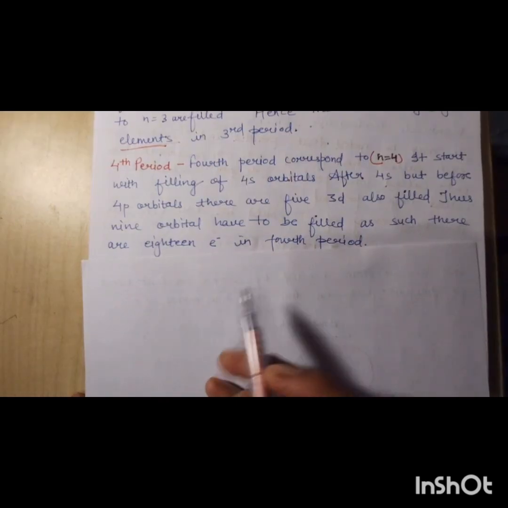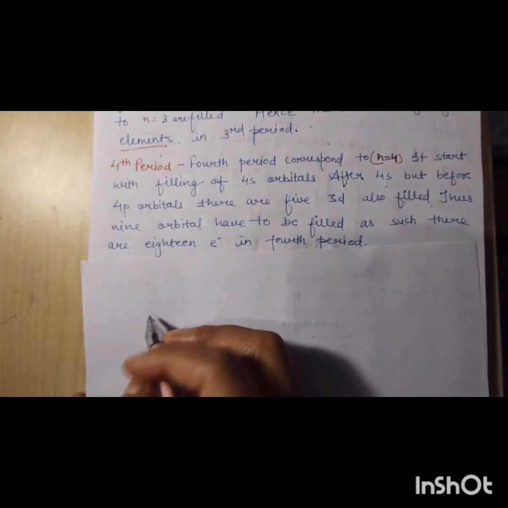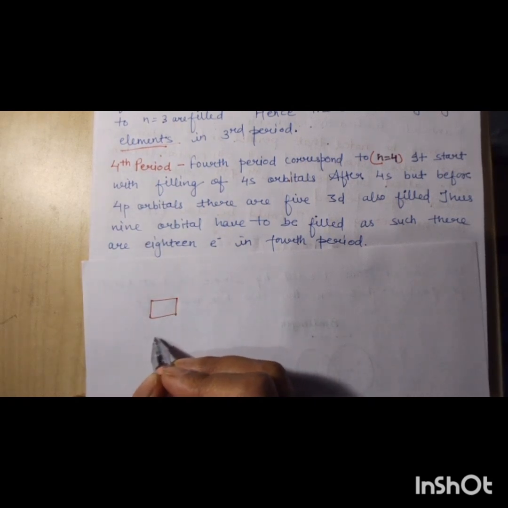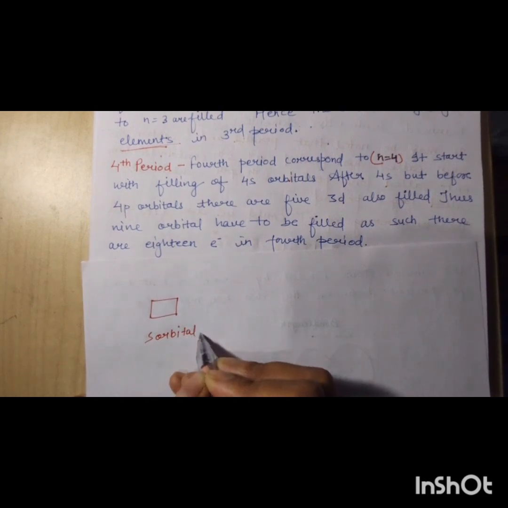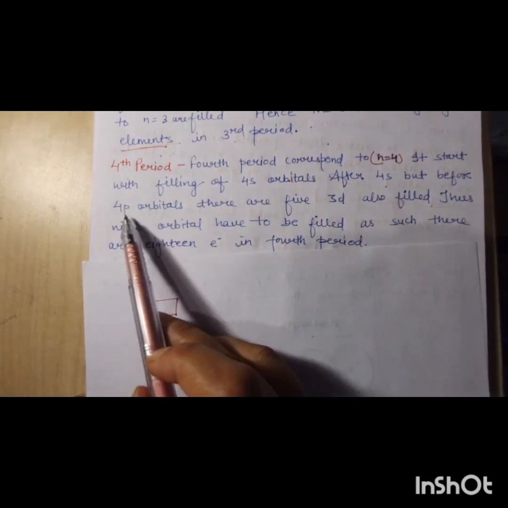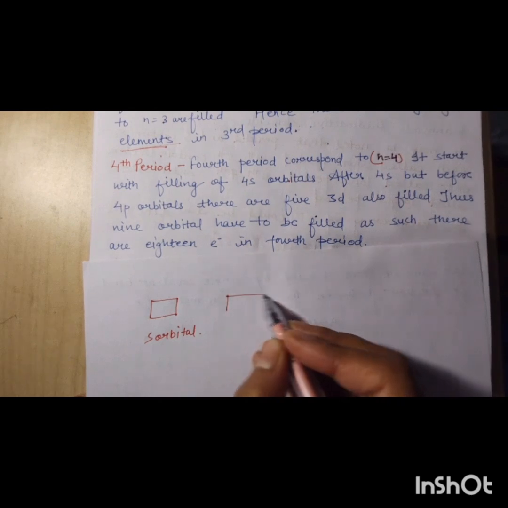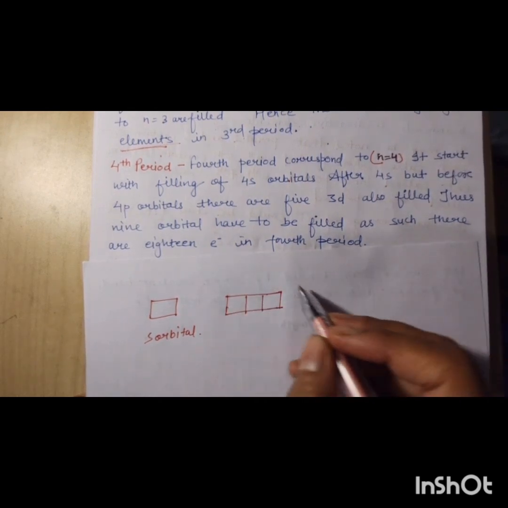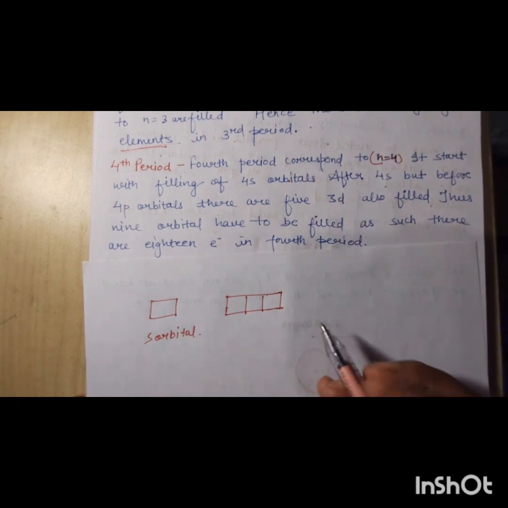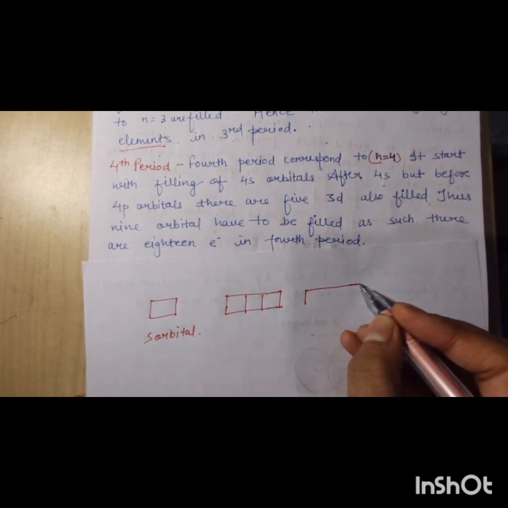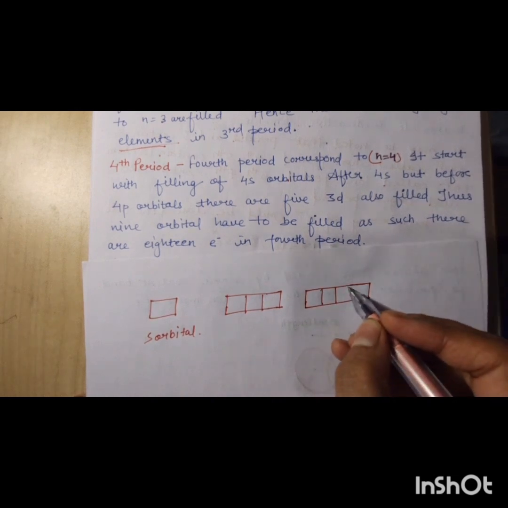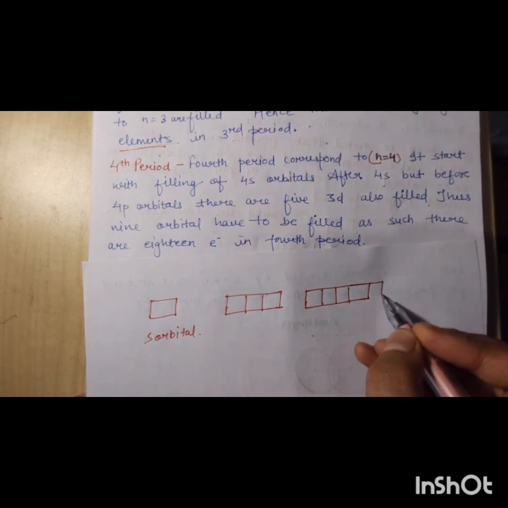Or you can see it like this, the 4s orbital. Now the s orbital is this, and the p orbital is this, and the d orbital, one, two, three, 5.